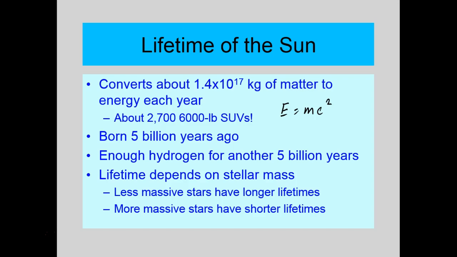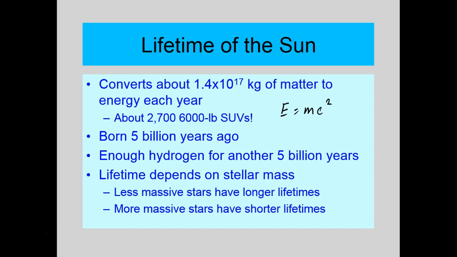So that energy is made up of about 1.4 times 10 to the 17 kilograms. Now remember, a kilogram is about half the mass of this book. 1.4 times 10 to the 17 kilograms of matter, converting that to energy every year.